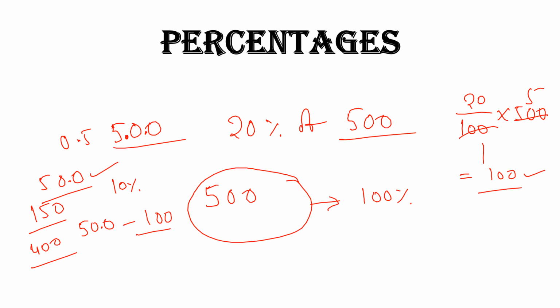Maybe they want you to calculate a number which is not a round figure. Let me tell you one more example. What is 20% of 215? Again, you can do the regular solution, 20 by 100.